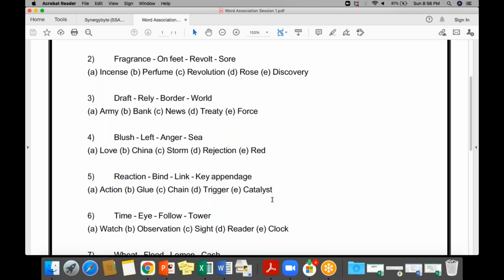Is there a way I can link catalyst to bind or link? Catalyst's work is not to join two things. Its job is to fasten a reaction, to ease something. That is not binding or linking.